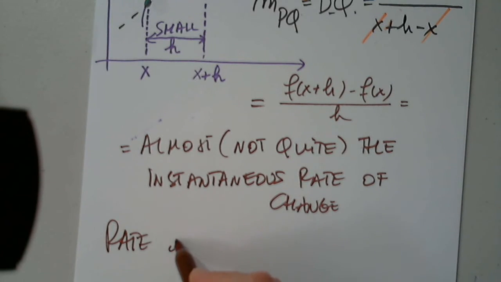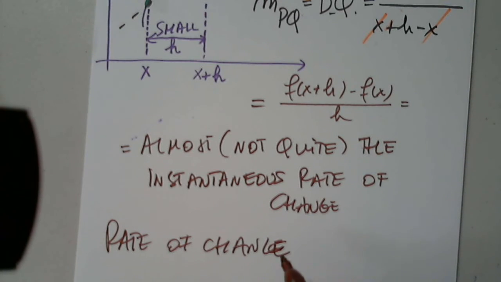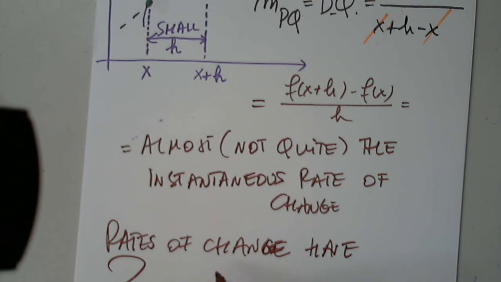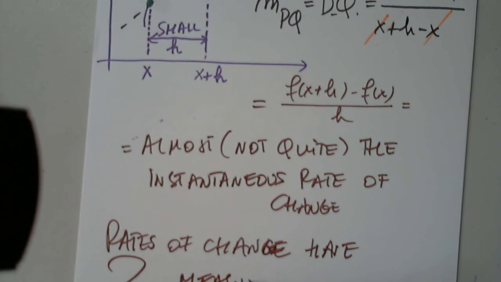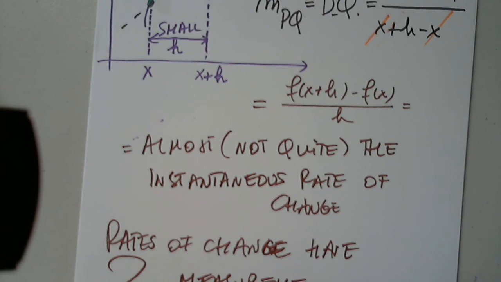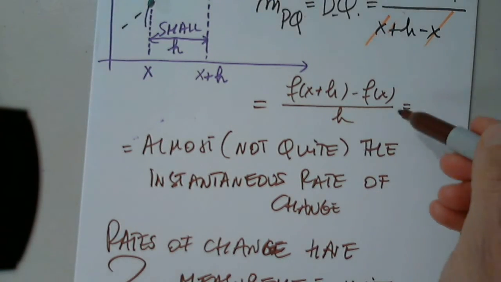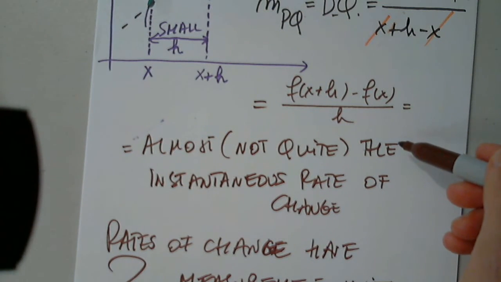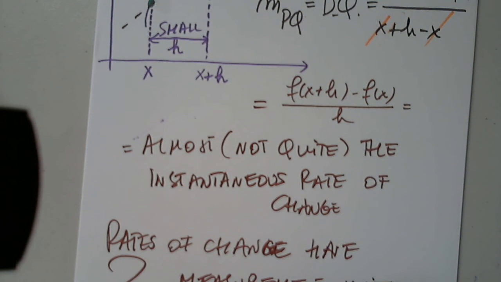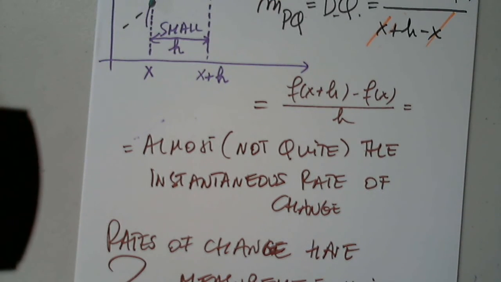Rates of change have 2 measurement units. One for the top, one for the bottom. Okay? One for top, one for denominator.